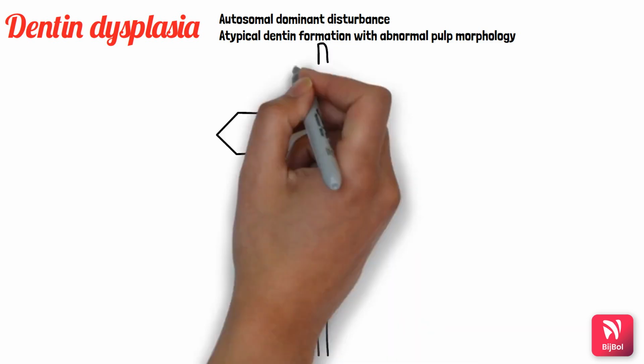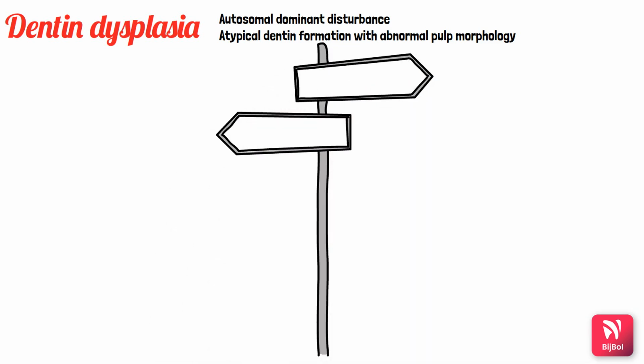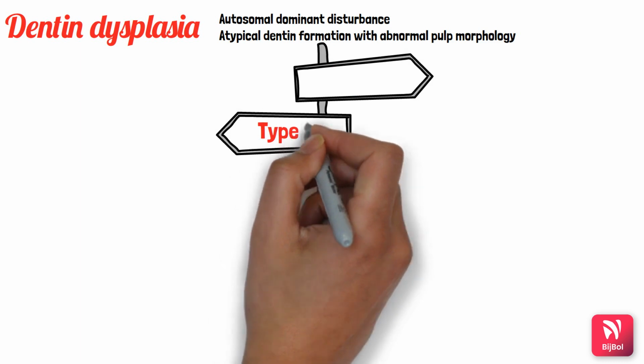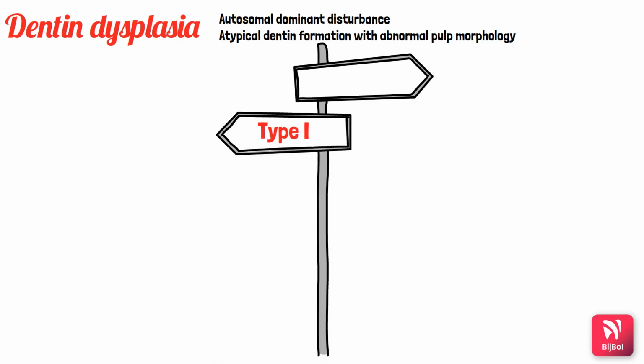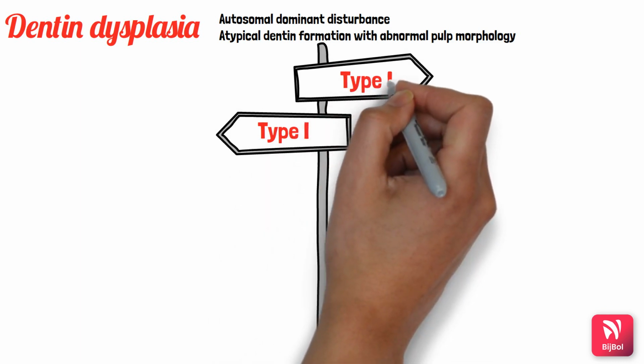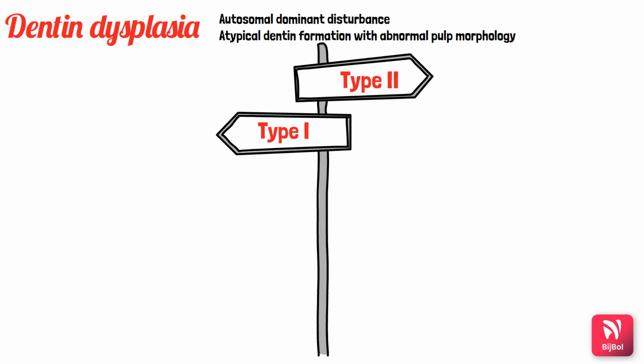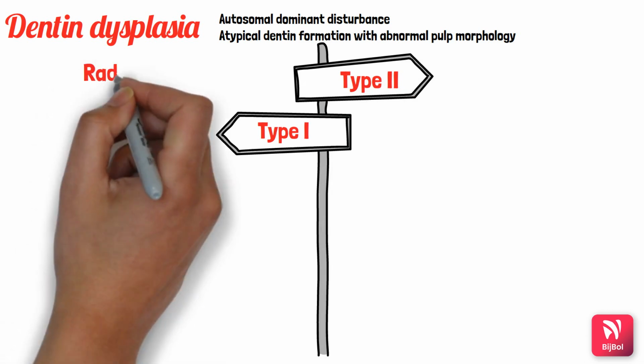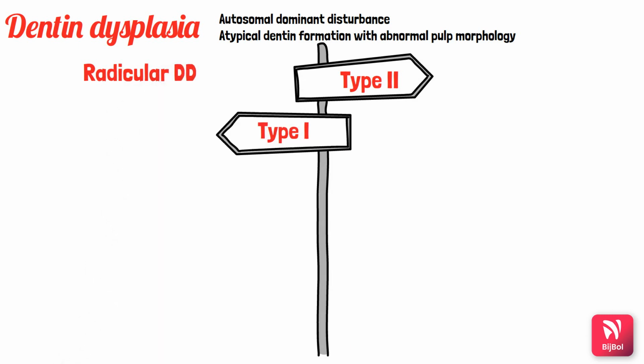Basically dentin dysplasia is again broadly divided into two types, type 1 and type 2, wherein type 1 is called radicular dentin dysplasia and type 2 is called coronal dentin dysplasia.